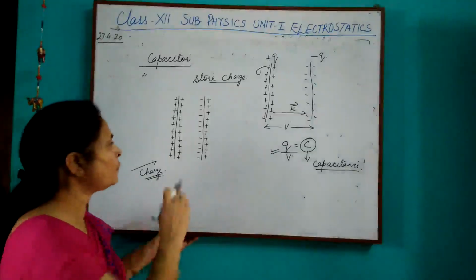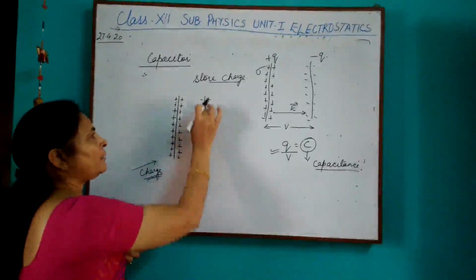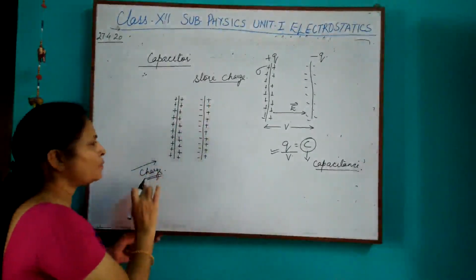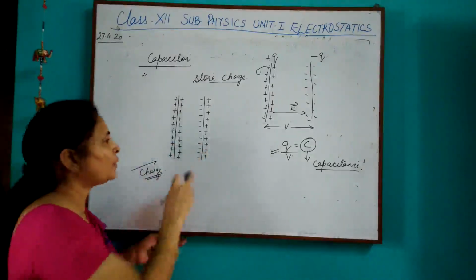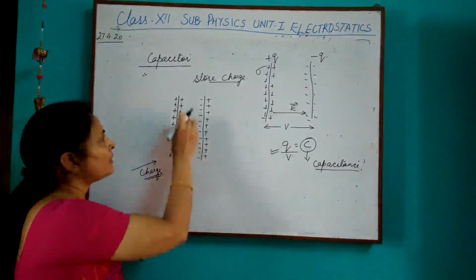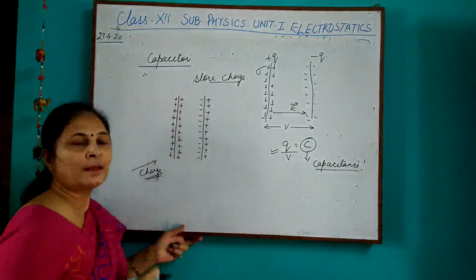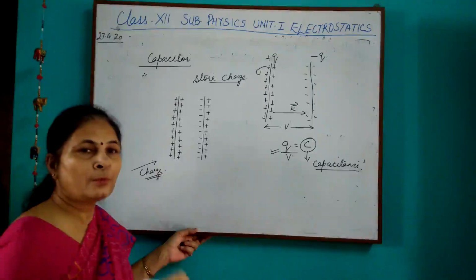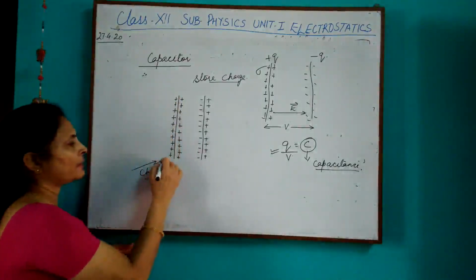Now what is the change now? The change is, because of this negative charge, some more charges can be given to this configuration, because this negative charge will make these positive charges attract toward themselves and will allow some more positive charge to get spread over this surface.